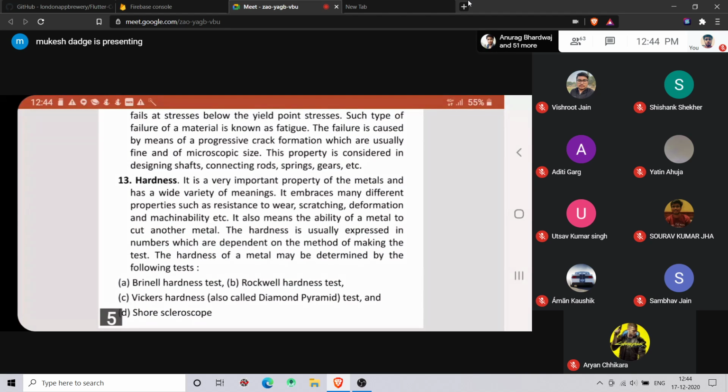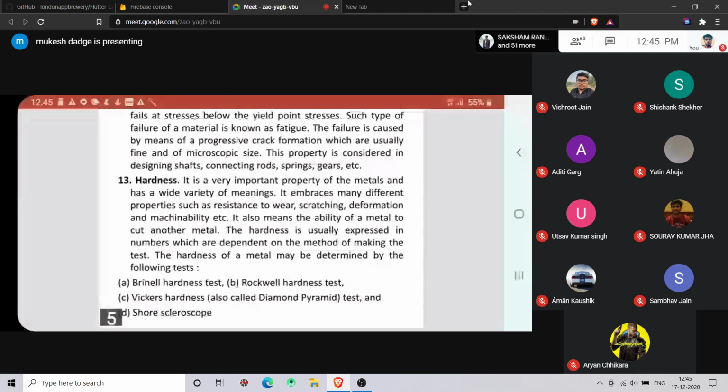So hardness is a very important property of the material and has a wide variety of meanings. It embraces very different properties such as resistance to wear, resistance to scratching, deformation and machinability, etc. जो भी resistance है to wear, scratching, deformation and machinability, तो उसको हम hardness बोलते हैं.